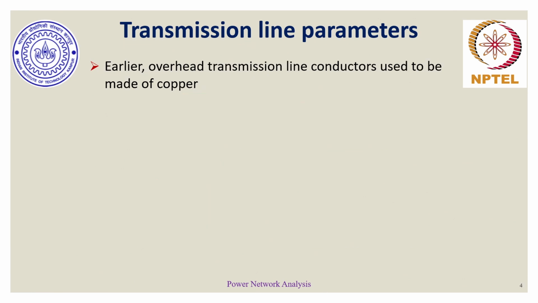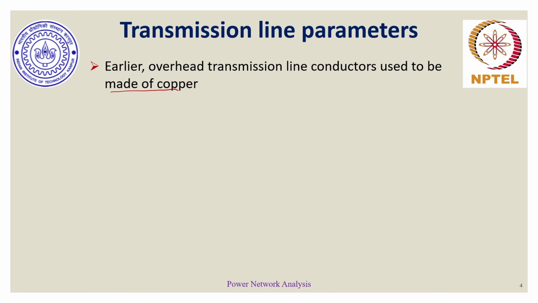So conventionally, when the power network evolved in the 1800s, 1900s era, the initial transmission line conductors used to be made of copper because that was one of the most well-known materials which has good electrical property.